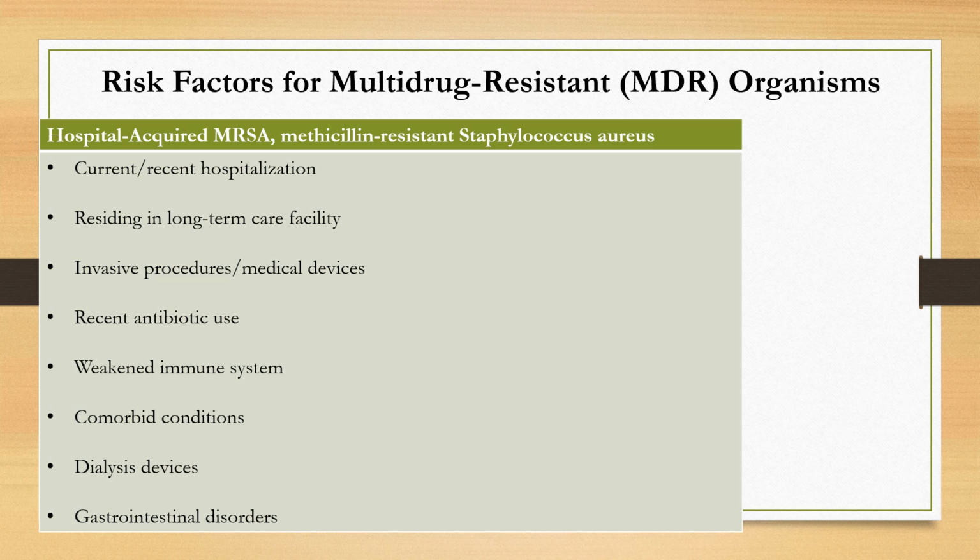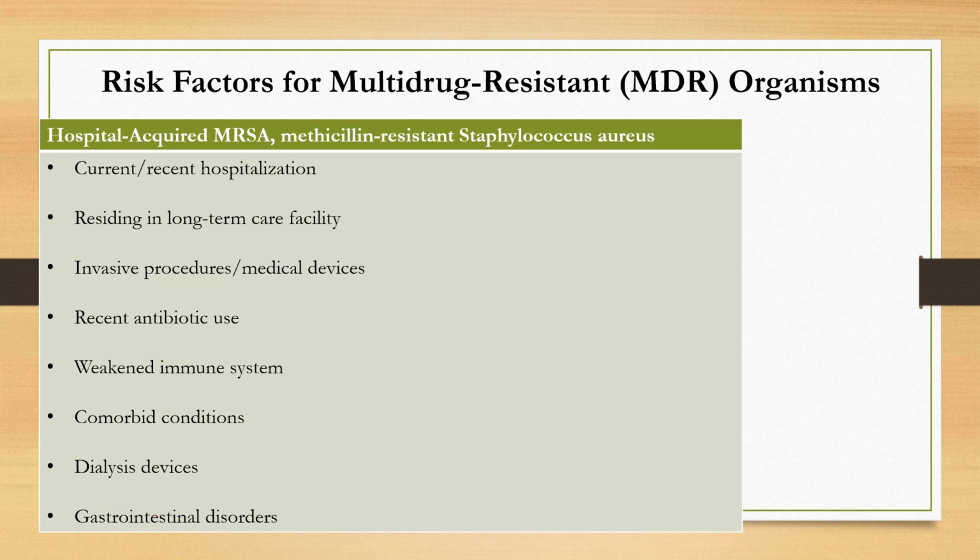Risk factors for multi-drug resistant organisms. The first is hospital-acquired MRSA, or hospital-acquired methicillin-resistant Staphylococcus aureus. The risk factors for getting this infection are current or recent hospitalization, residing in a long-term care facility, invasive procedures or medical devices, recent antibiotic use, weakened immune system, comorbid conditions, dialysis devices, gastrointestinal disorders.